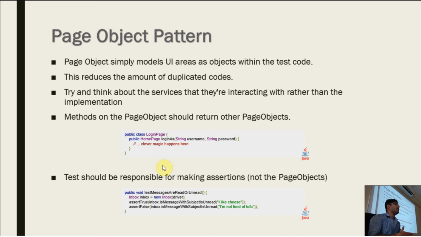Let's say from a login page we enter the username and password and navigate to the home page, right? In the home page we shouldn't do any assertions. There might be the username displayed as a link or something, and inside the page object we shouldn't assert on it, but after we get the home page, we can get that element and do the assertion.